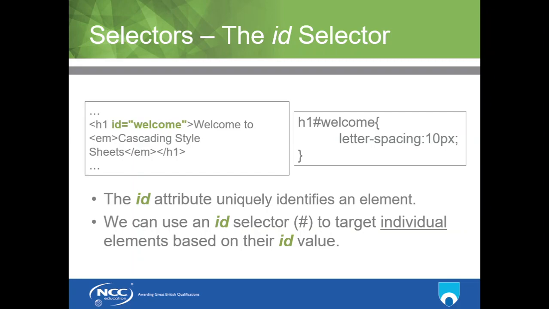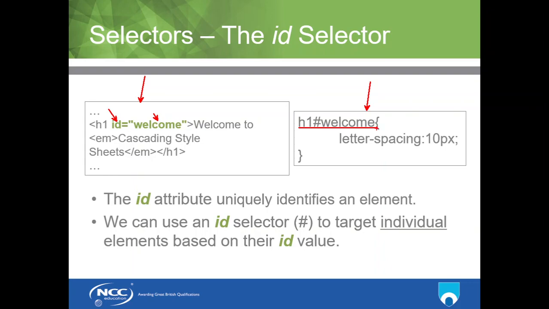Oh, okay. So remember, this is in CSS, and this is in HTML. So these are two different things. In HTML, we say ID equals welcome. Now, in order to format H1s with an ID value of welcome, this is how we specify it in CSS.